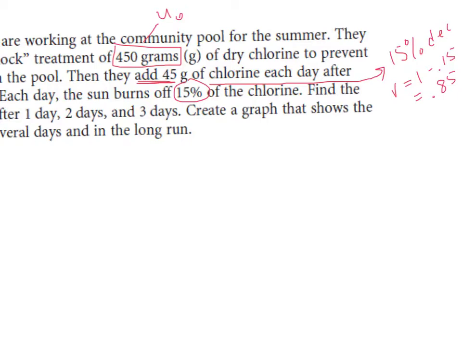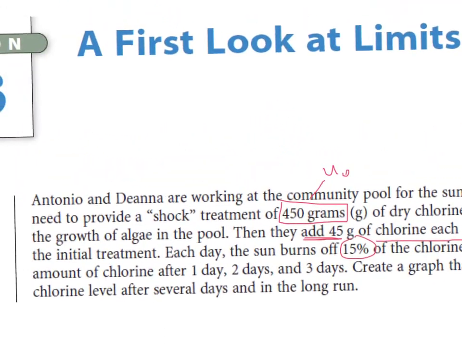But that's okay, and that's what we're going to look at. We'll talk about this in a further section, but they call this kind of combined arithmetic geometric sequence a shifted geometric.